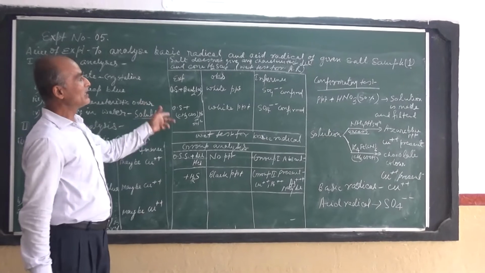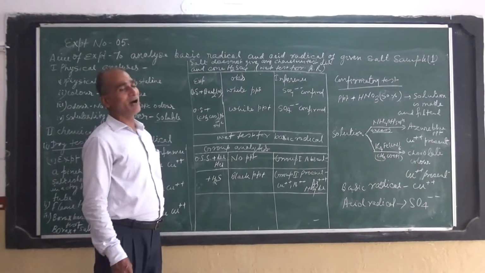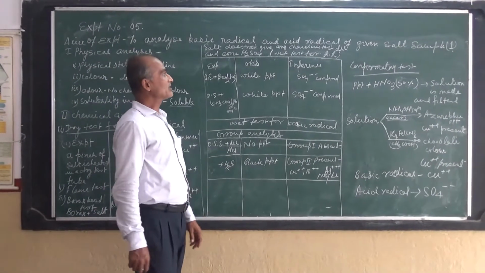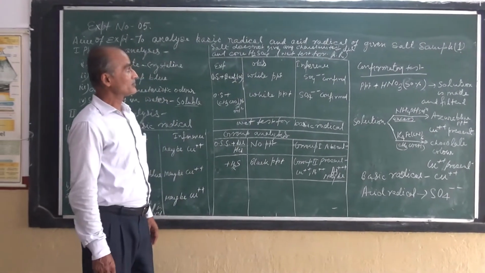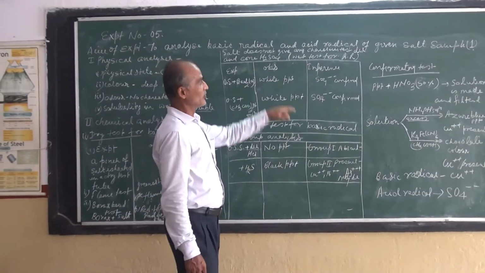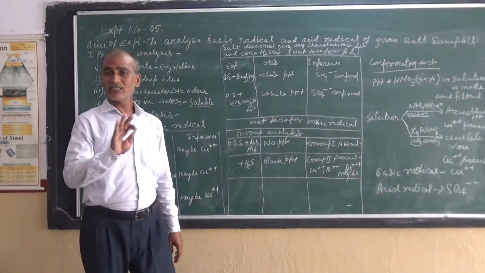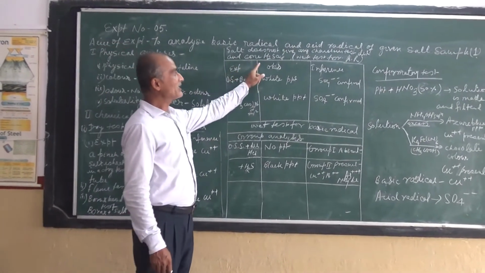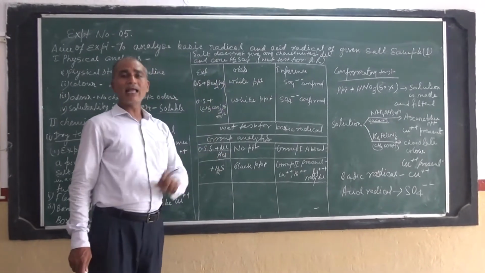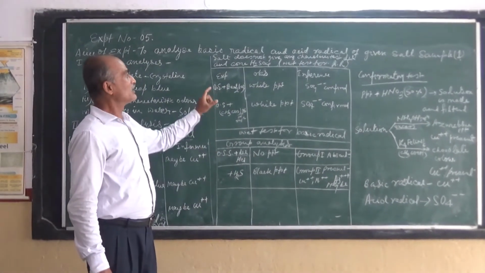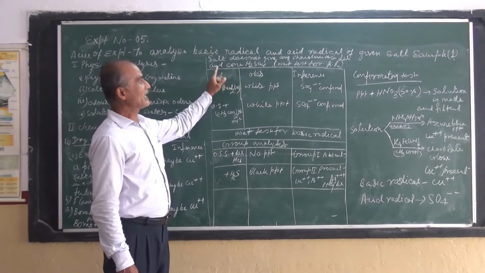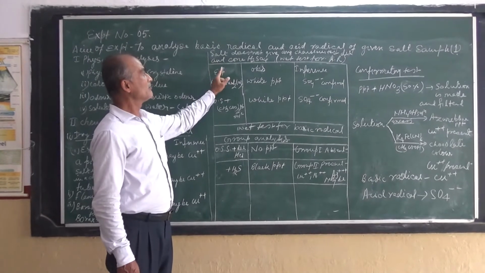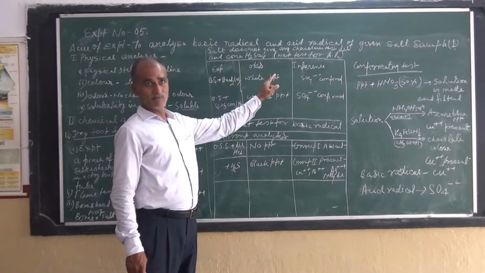We take the salt and add dilute H2SO4. No characteristic smell or gas is evolved. As well, when you add conc. H2SO4, no gas is evolved. That's why there is no need of a wet test with acid for acid radical.